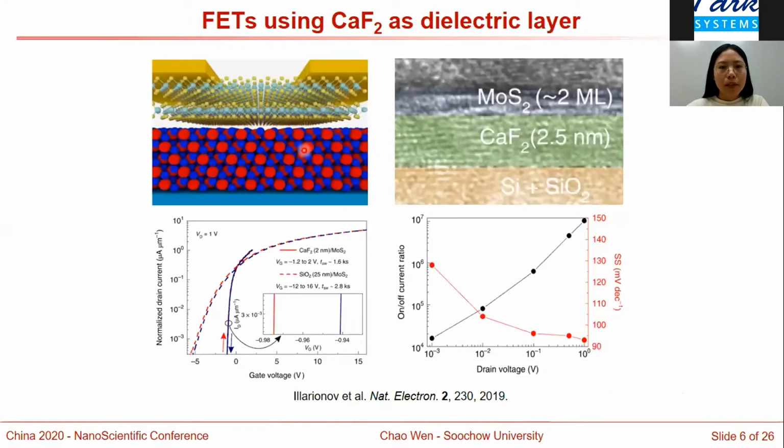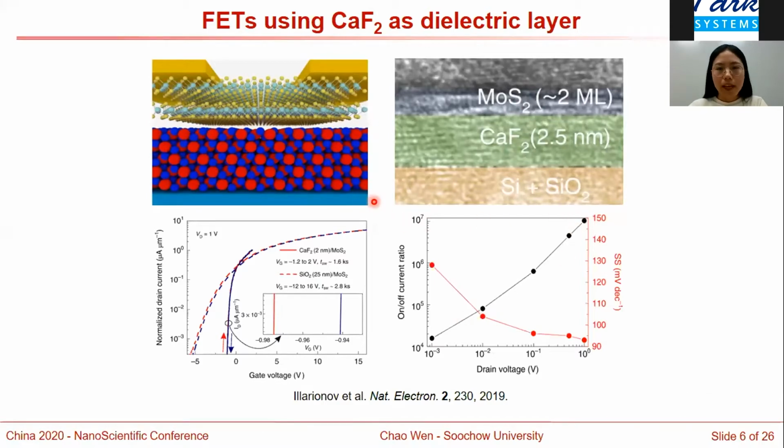Next, we read the work in Nature Electronics, in which they introduced the calcium fluoride layer into molybdenum disulfide-based field effect transistors. Basically, they transferred the molybdenum disulfide, which is grown by CVD, onto the calcium fluoride surface. And the device they fabricated shows a very small hysteresis and a large on/off current ratio, close to 10 to the 7th order.